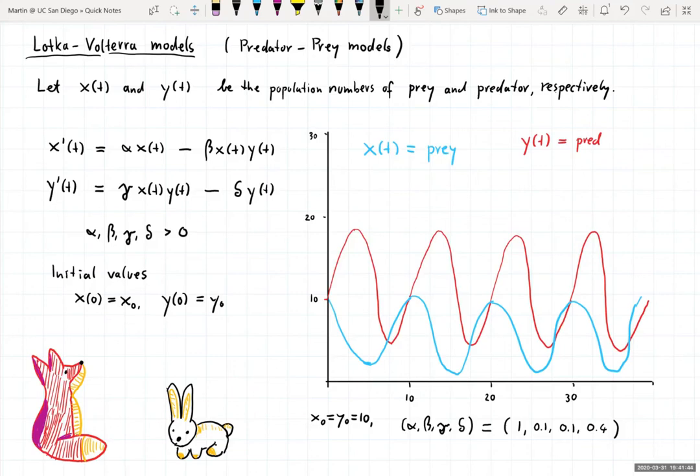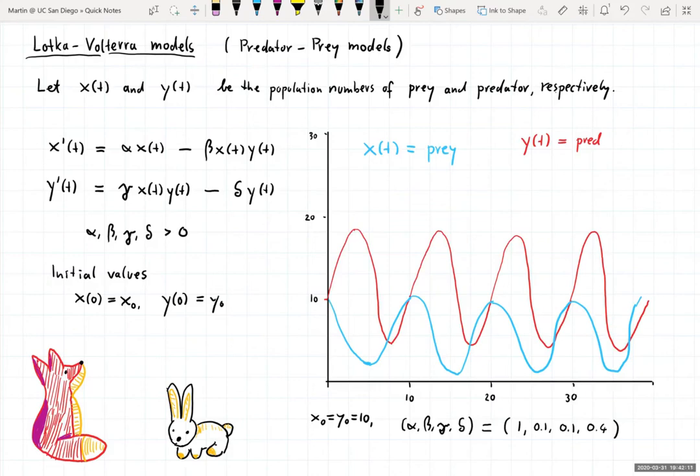So we're interested again in how these populations develop over time. So we introduce two functions, x of t and y of t, which describe the population numbers of the prey and the predators, respectively. And the population dynamics of these two groups are determined by various factors.